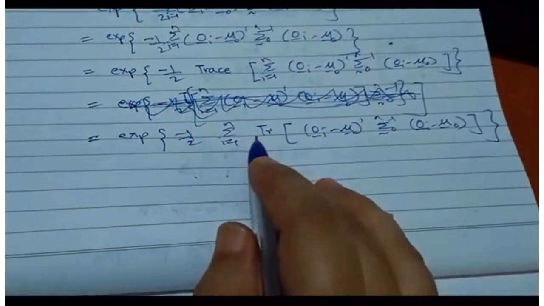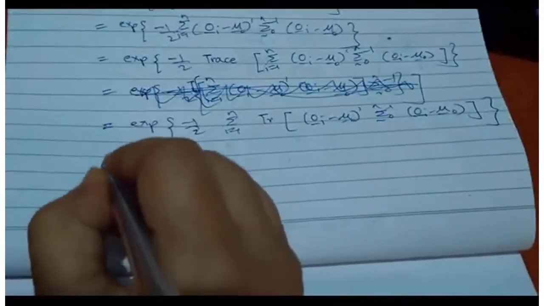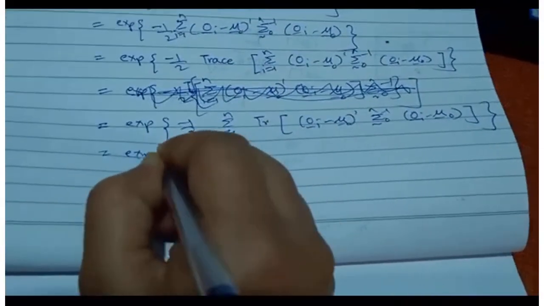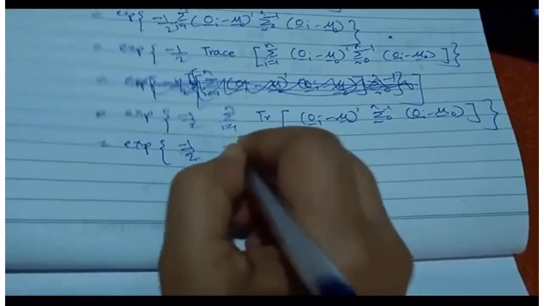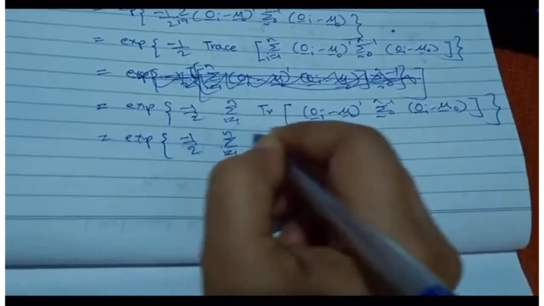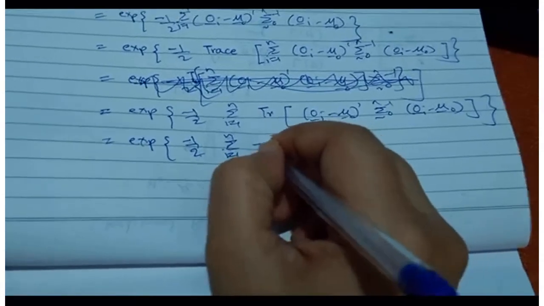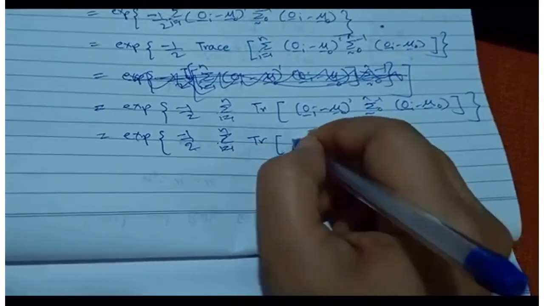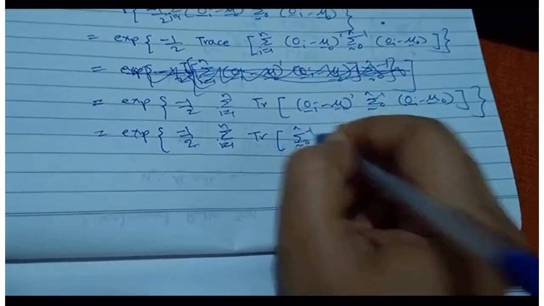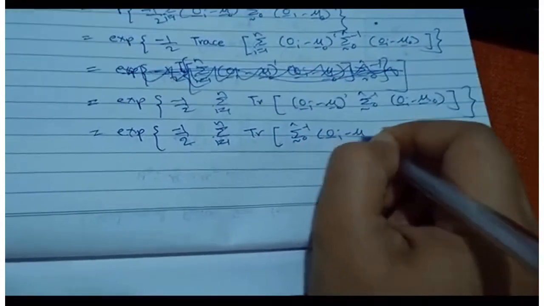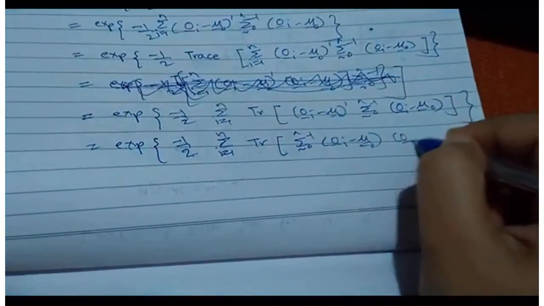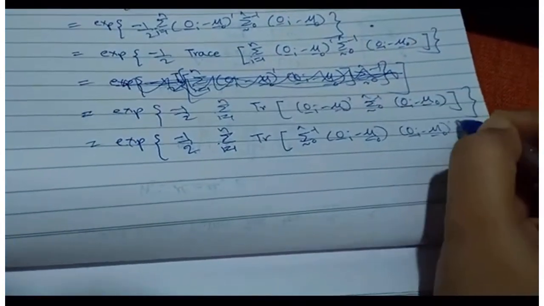Since we know that inside trace order can be changed, this becomes e raised to minus half summation i going from 1 to n, trace of sigma naught hat inverse (y minus mu naught)(y minus mu naught) prime.